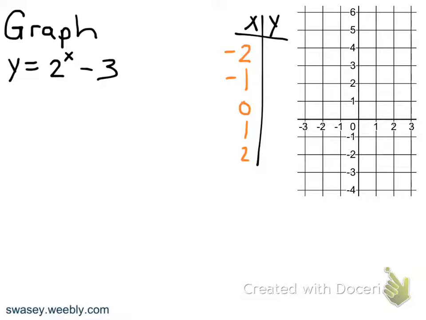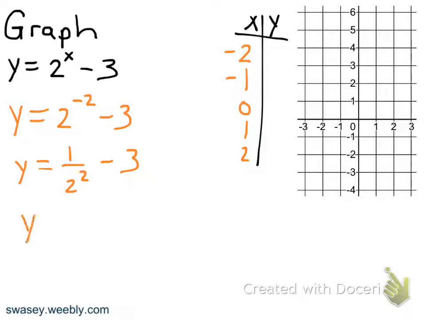So replace x with -2. Now 2 to the -2, you can use your calculator for this, but it means 1 over 2 squared. 2 squared is 2 times 2, that's 4. So it's 1/4 minus 3.